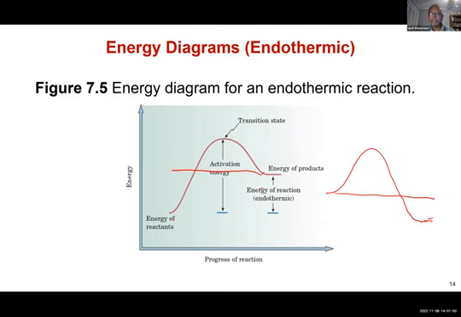Therefore, energy should be absorbed. It tells you that to break the bonds in the reactants takes more energy than the energy released in forming the products. This is endothermic. So you can see that activation energy is there.